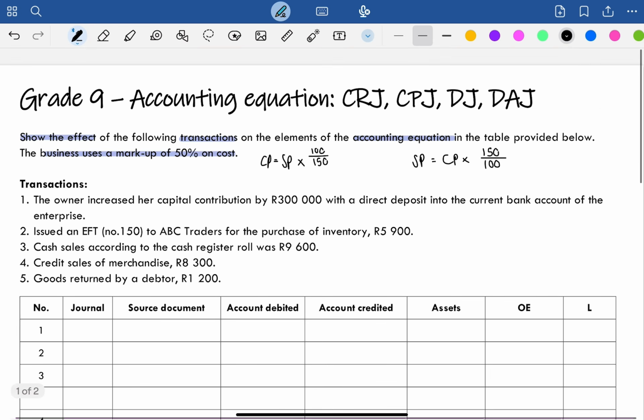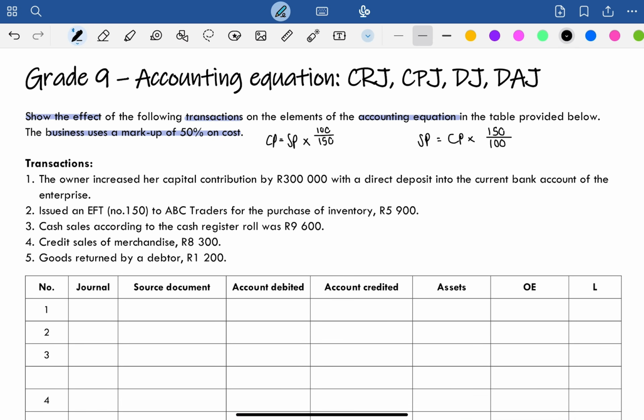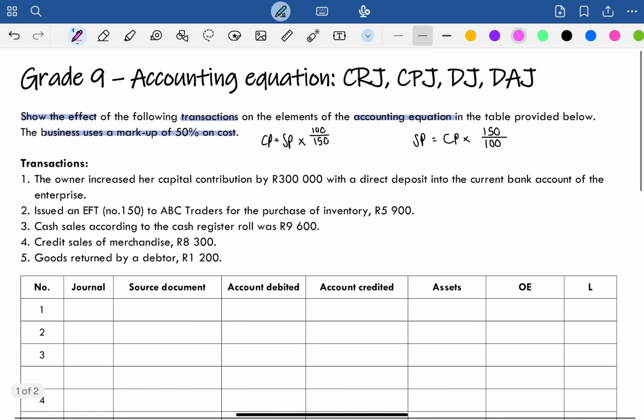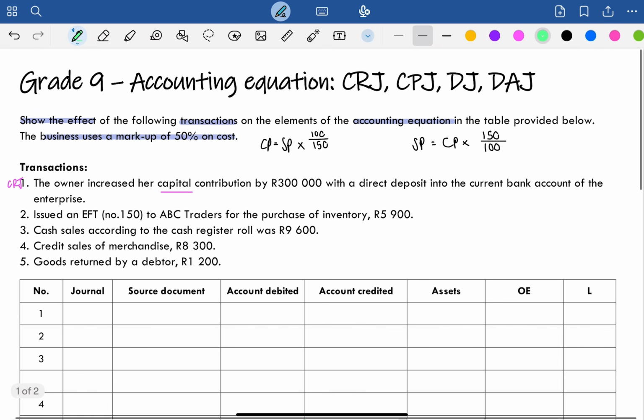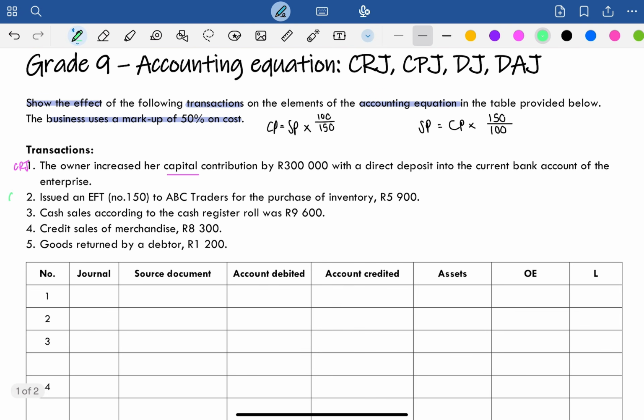And you'll see that just like I did with the CRJ, CPJ, DJ, and DAJ in the journal activity, the first thing to always do is to classify transactions according to the journal. So transaction 1 says the owner increased capital. As soon as you see the word capital, that should tell you that this is CRJ. The second one says we issue an EFT to purchase inventory, that is CPJ because we're making an EFT.